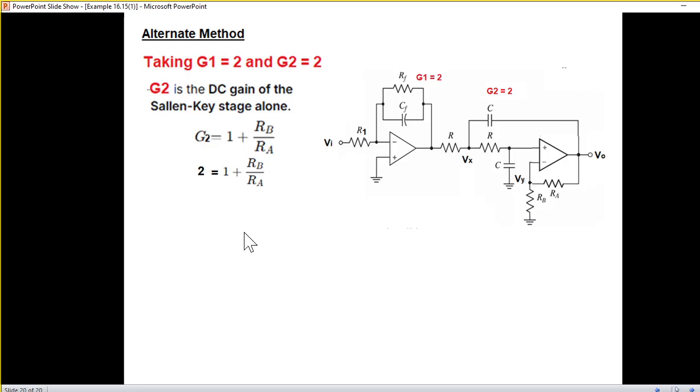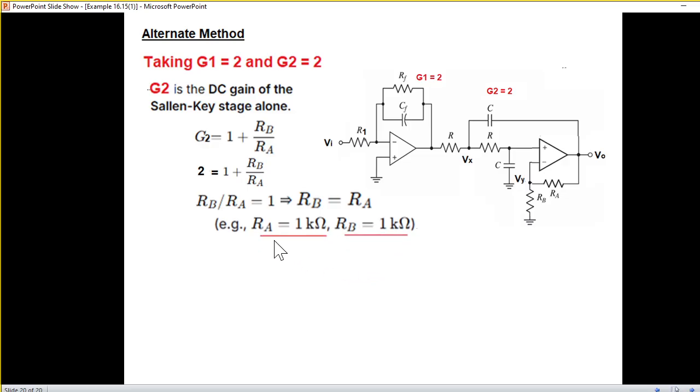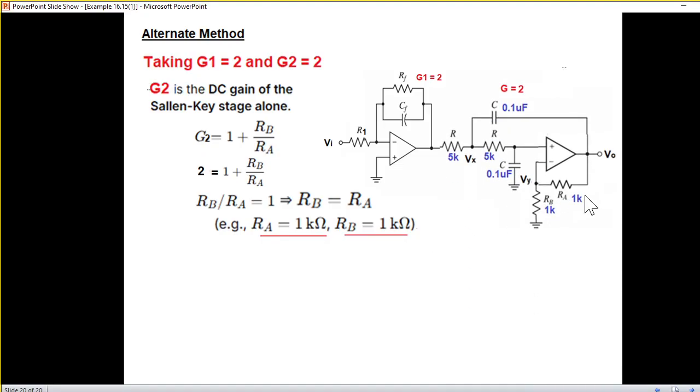And from here, we can see that RB has to be equal to RA, and we can take any value in kilo. If we take 1 kilo RA, then RB has to be 1 kilo. The capacitor and resistance, which determine the frequency, will remain unchanged as we had calculated in the previous section.